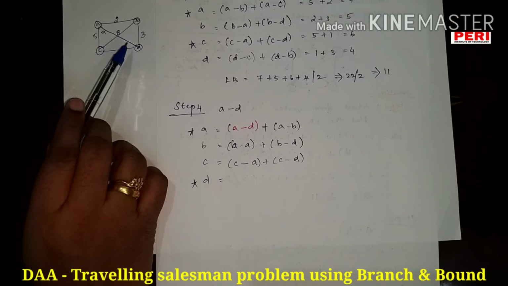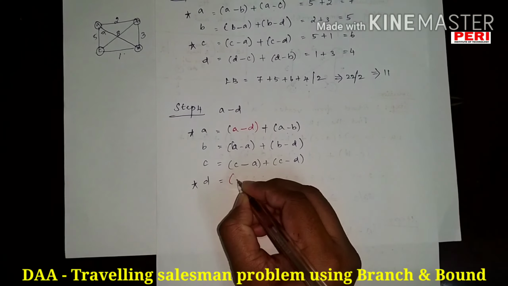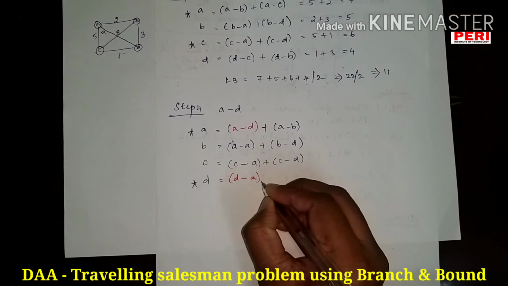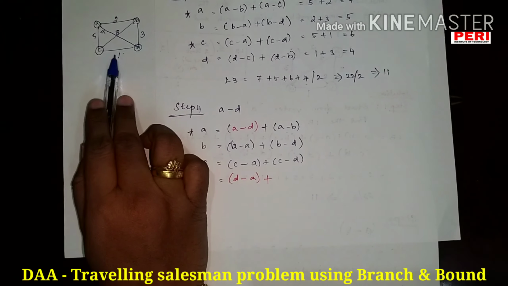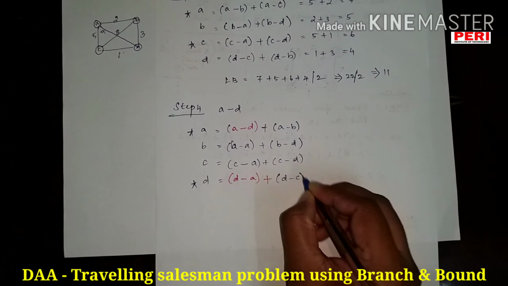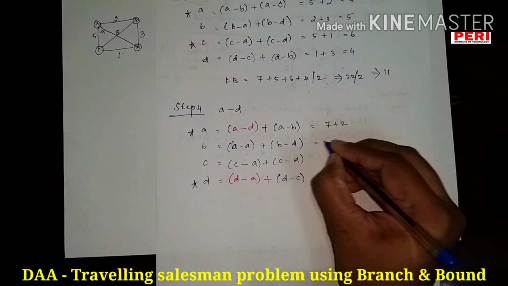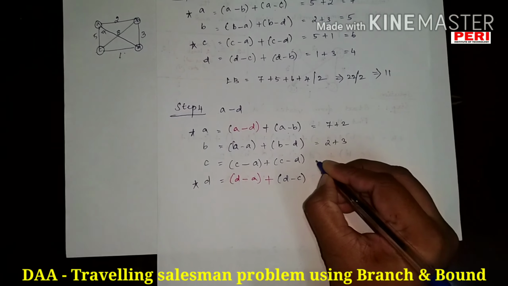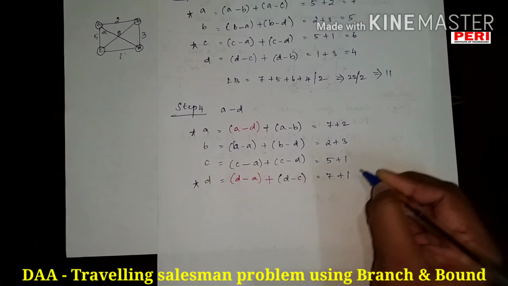So usually we will be choosing D to C and D to B, right? But here you are supposed to choose D to A compulsorily because it is one of the edges. Therefore D to A is compulsory plus the least cost among these 3, and 1 is least, so I am going to choose D to C. So you will be getting 7 plus 2, 2 plus 3, 5 plus 1, 7 plus 1.